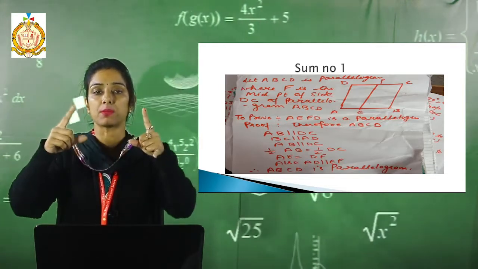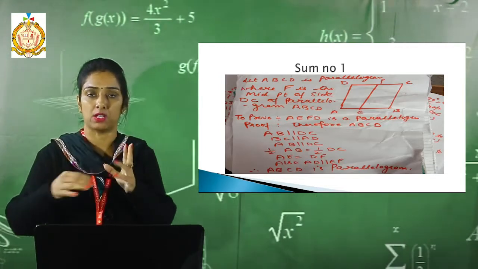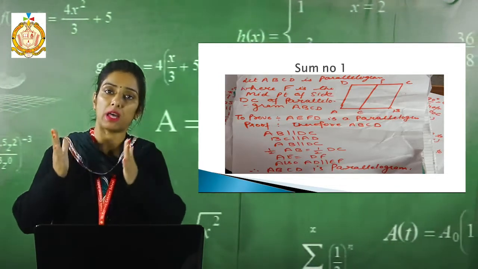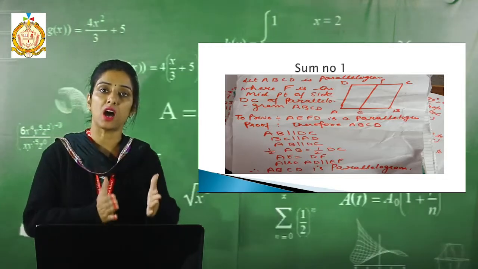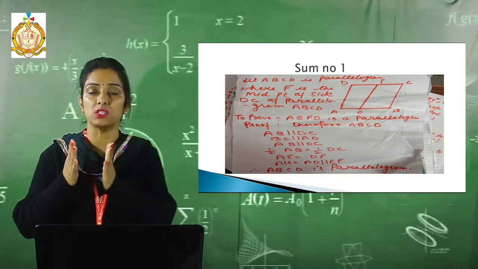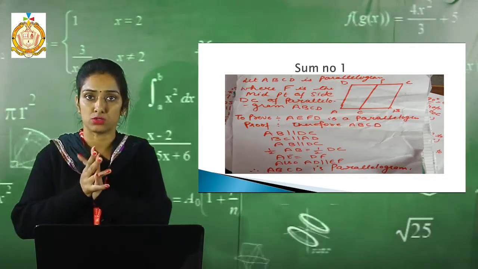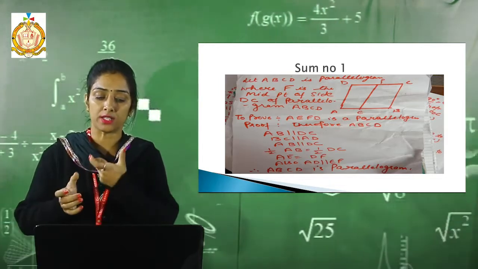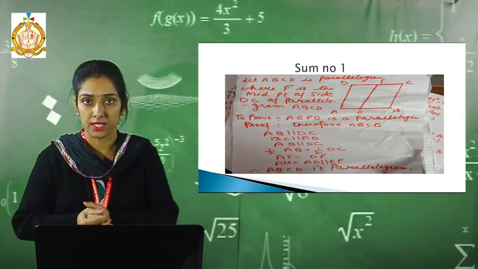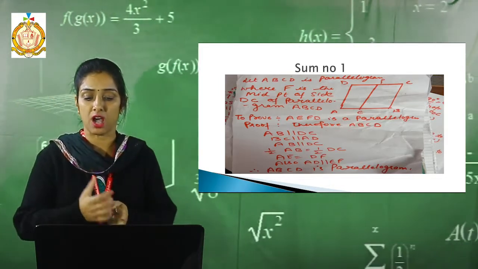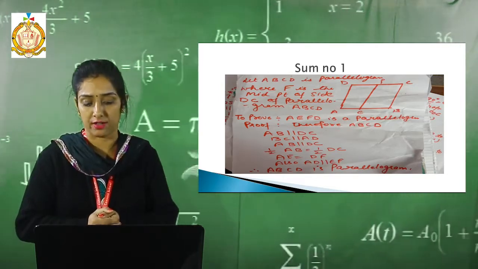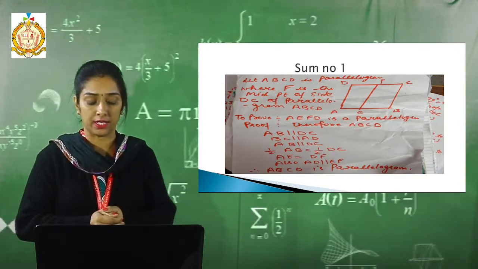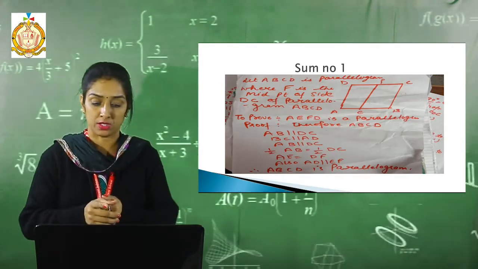If the full lines are parallel, then their halves are also parallel. So if AB is parallel to DC, then half of AB is equal to half of DC, that is also equal. Now, what is the half of AB? That is AE, and what is the half of DC? That is DF. So AD is parallel to EF.